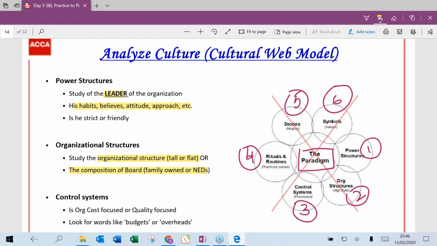So the culture would be very dominated by the family. But if there are NEDs on the board, if it's a listed company, 50% of the directors are NEDs, non-executive directors, then I would expect the culture to be more balanced. So for organizational culture, we look at the structure or the composition of the board of directors.